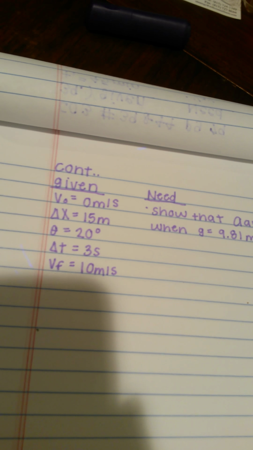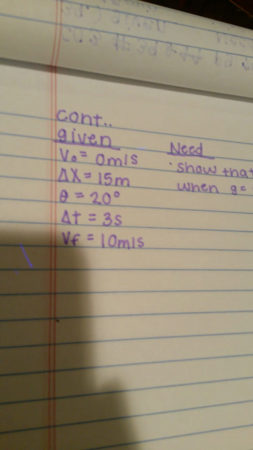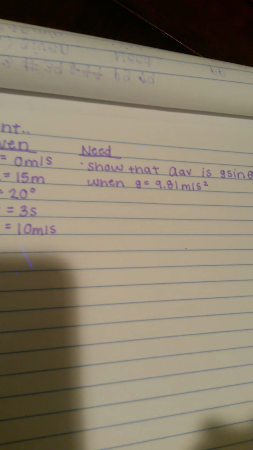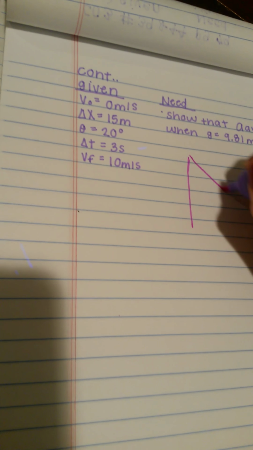44. Okay, so I started off by writing what we have and what we need. So we need to show that the average acceleration is the same as g sine theta, when g equals 9.81 meters per second squared. So I'm going to start by writing our plane here.